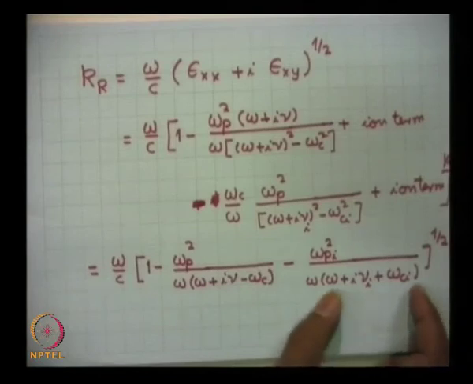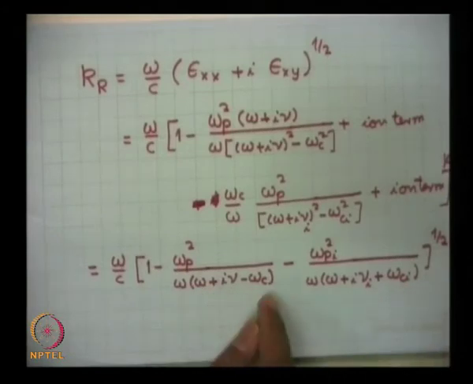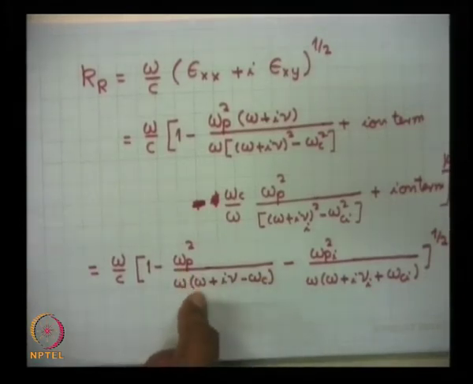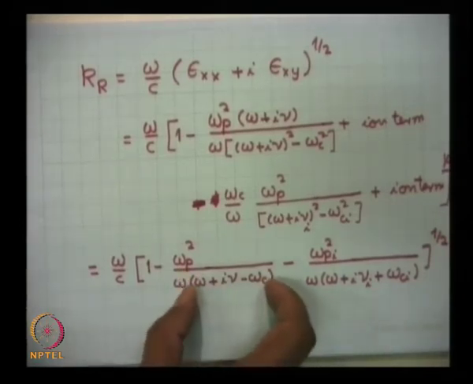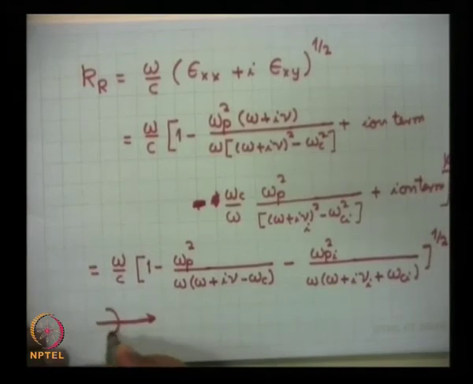This is the ion term. The ion term does not show any resonance. The reason is that the electrons in a magnetic field also rotate in the same right-handed sense as the electric field is rotating, and consequently there is a resonance. For a gyrating electron, if the wave is going in this direction, this is the direction of electron motion, and this is the direction of the wave electric field.